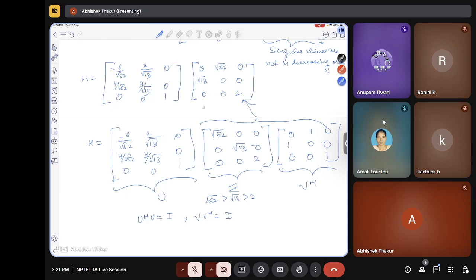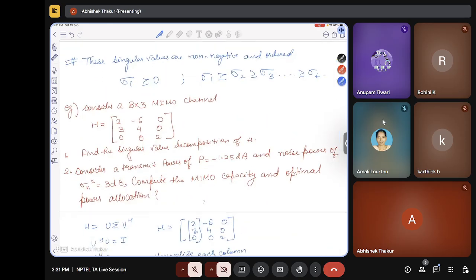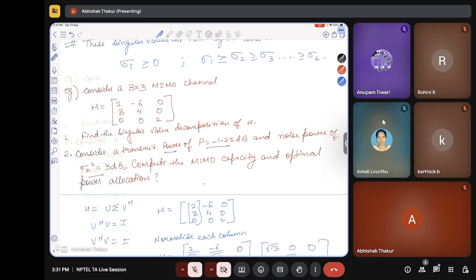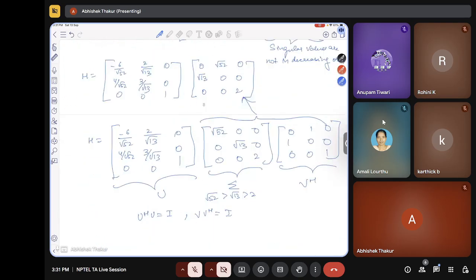So now the second part of this question: consider a transmit power of minus 1.25 dB and noise power of 3 dB. Compute the MIMO capacity and optimal power allocation.